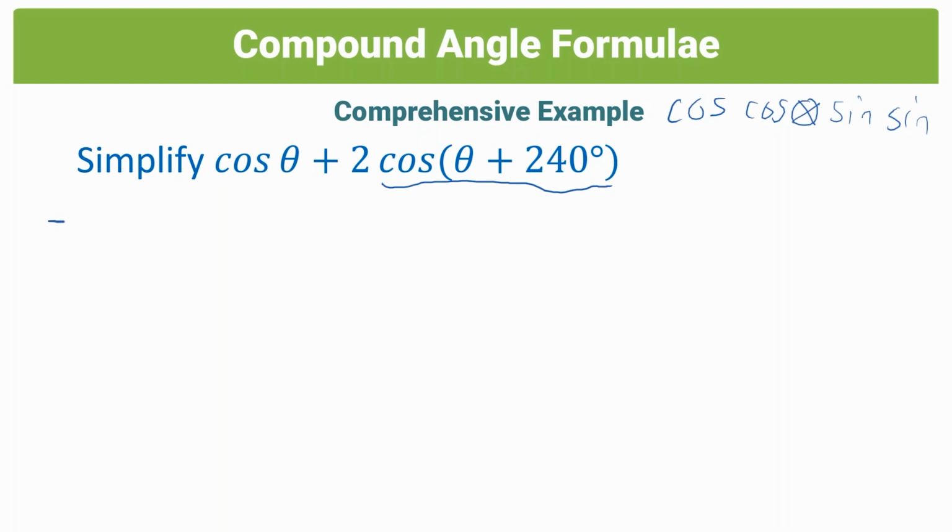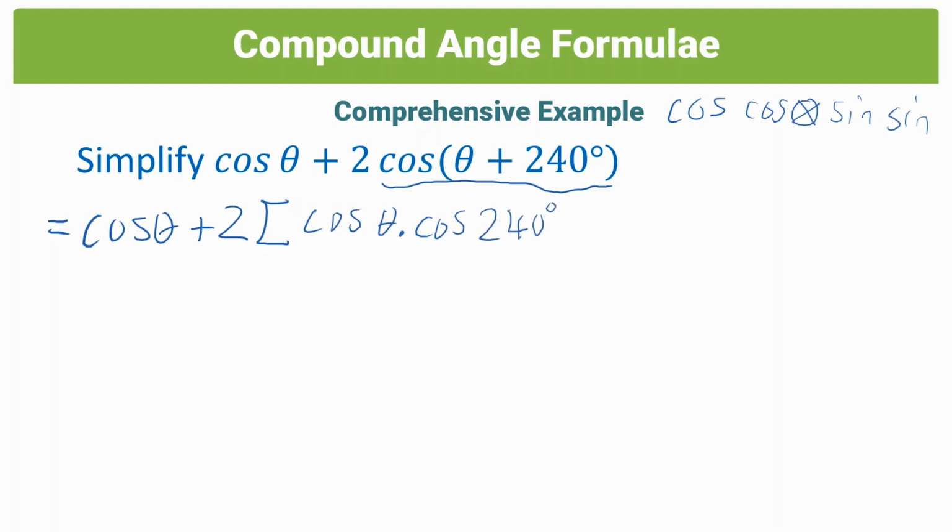So we can simplify this as being cos theta plus 2, and now just put a bracket here because we are expanding something, and that 2 will have to be multiplied in. Apply the formula: cos theta times cos 240 degrees, so cos cos, change the sign.